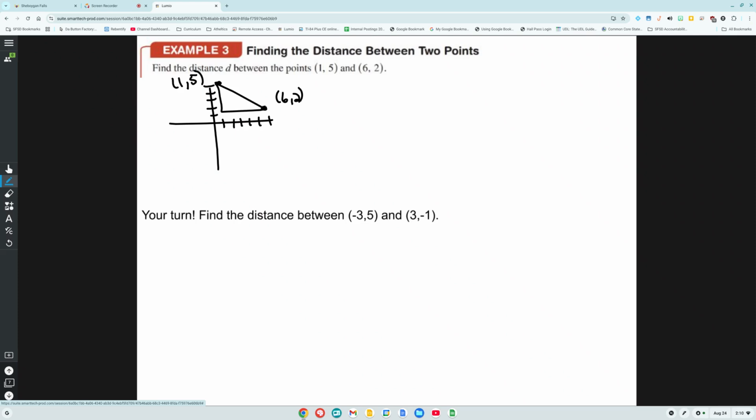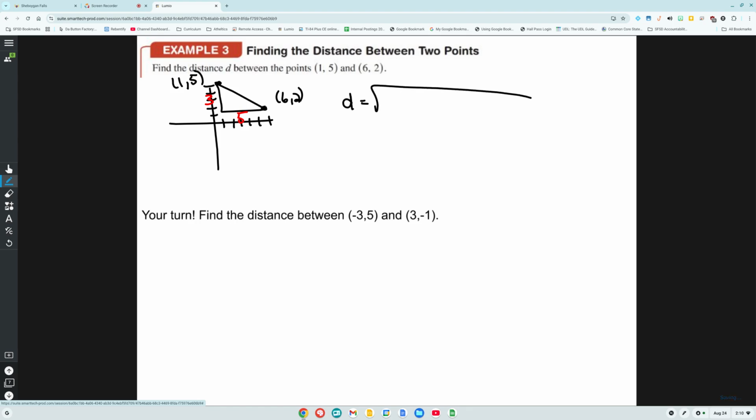I can see the distance from 1 to 6 is 5, and the distance from 2 to 5 is 3, so I'm able to tell what the pieces of that distance formula are. I know that that leg is 5 because the distance between 1 and 6 is 5, and I know that the length of the other leg is 3 because the distance between 5 and 2 in the y direction is 3.